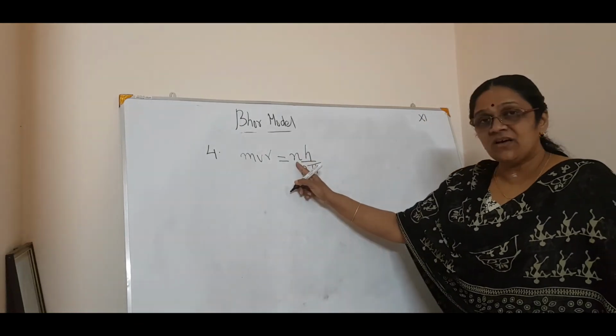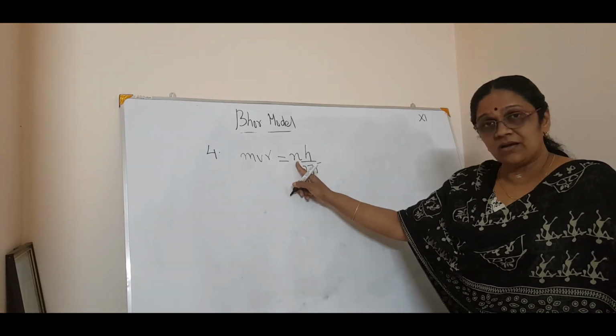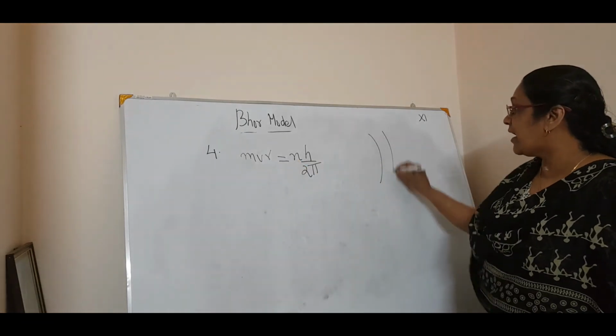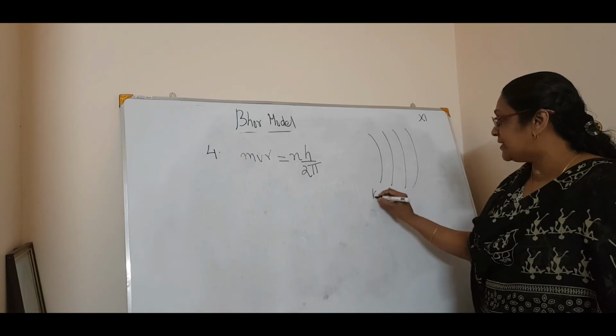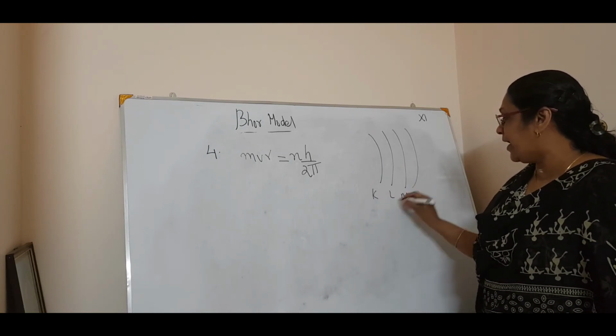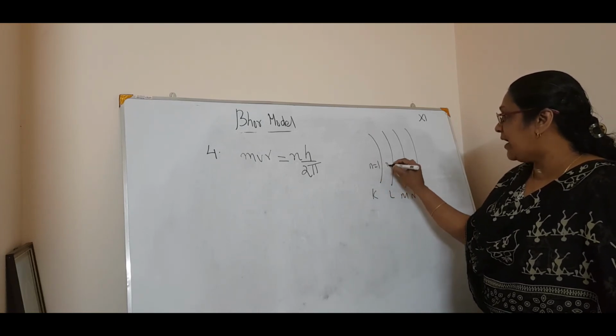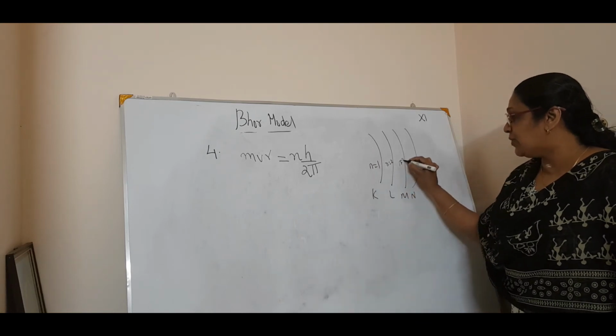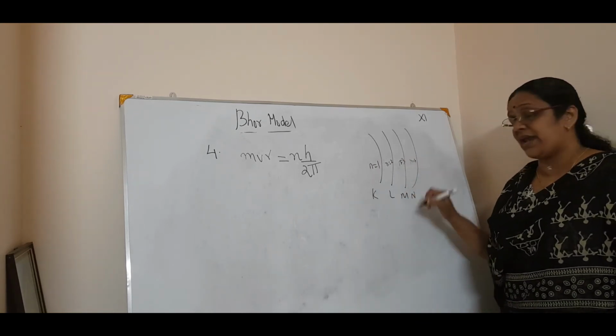Integral multiple means, for the shells you have studied in Bohr: K, L, M, N. If n is equal to 1, K; n is equal to 2, L; n is equal to 3, M; n is equal to 4, N.